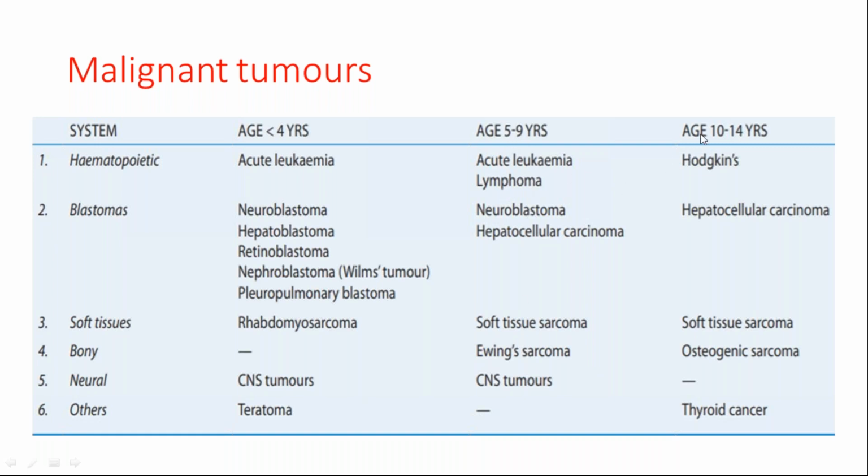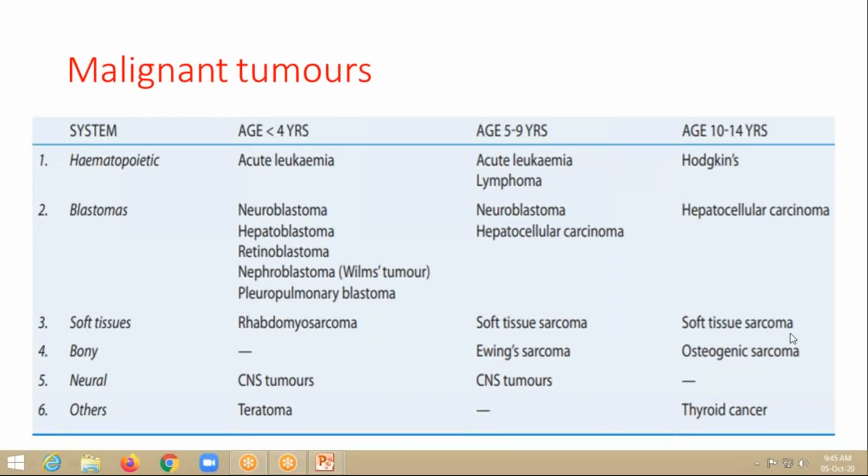And coming to the age group of 10 to 14 years, Hodgkin's lymphoma is the most common hematopoietic malignancy, and HCC is the liver malignancy we see. Next, soft tissue sarcoma in soft tissues and osteogenic sarcoma.